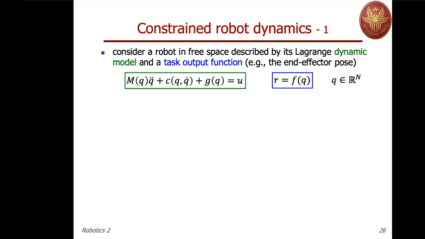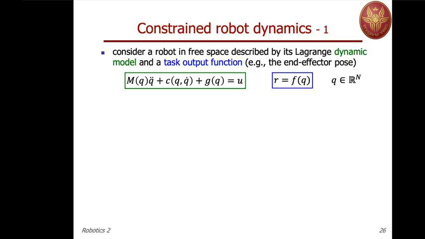And we are interested in some output function which is related to the task, typically the end effector pose. So we have an n-dimensional vector q, and we have a vector r, which is a function of q, which characterizes the variable that we are interested in this interaction with the environment.